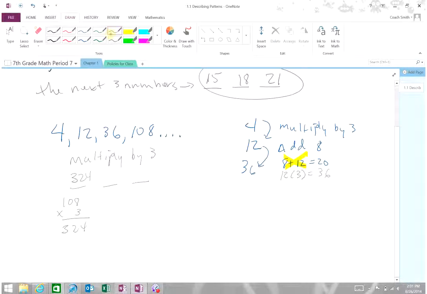Now I have to do the next pattern. So that's 324 times 3. Okay, 324 times 3 is going to be what? Tristan? Yes, 972. Good. So that's my next number in the blank, 972. Now I've got to figure the third one, 972 times 3. I'll give you a second to work that, and then I'll ask for answers.